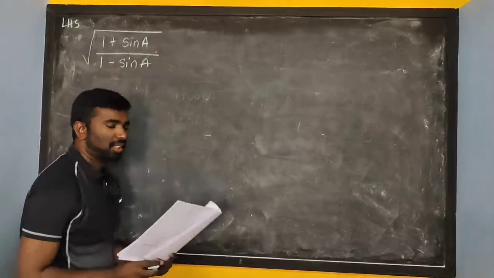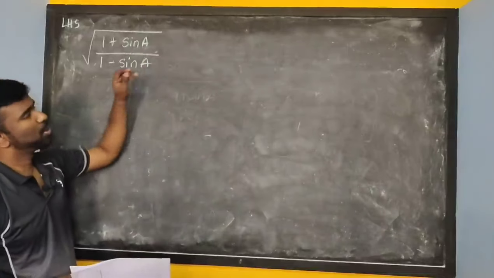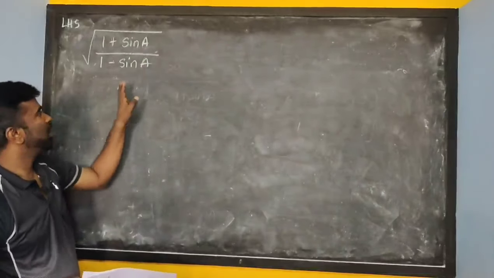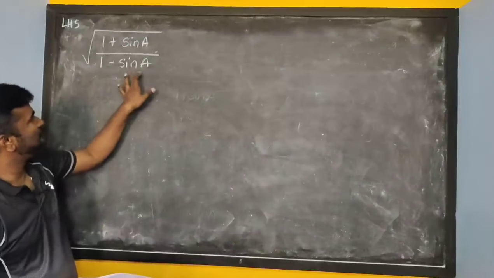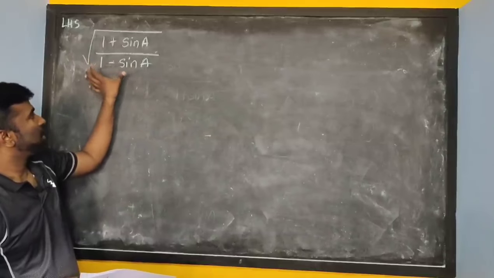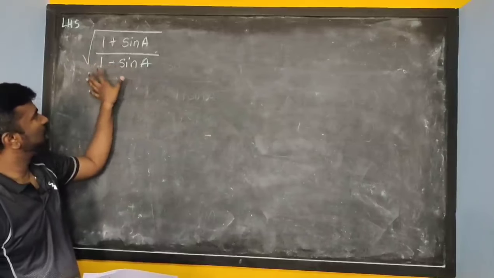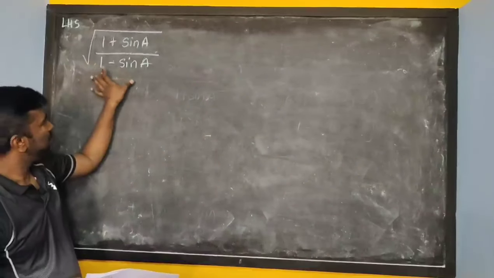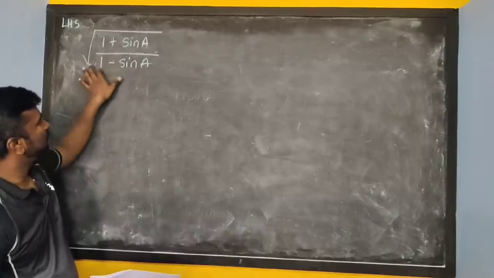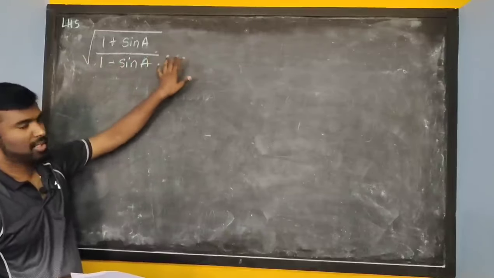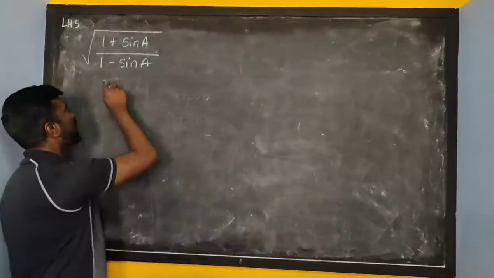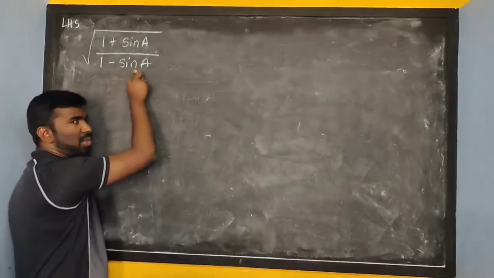Students, for this kind of question, you should use the concept of rationalization. Since we have a binomial term in the denominator, change the sign of the denominator and multiply and divide by the same. What is there in the denominator? 1 minus sin A. What should you do?